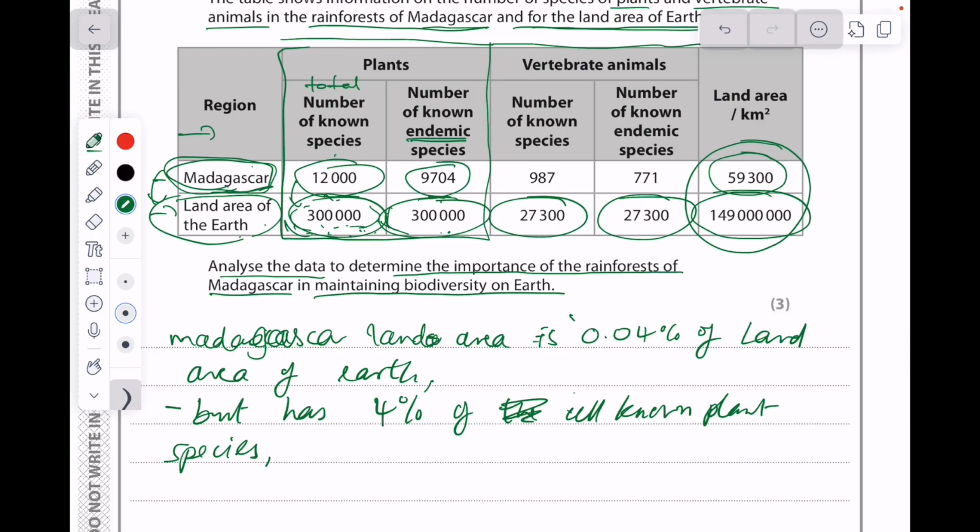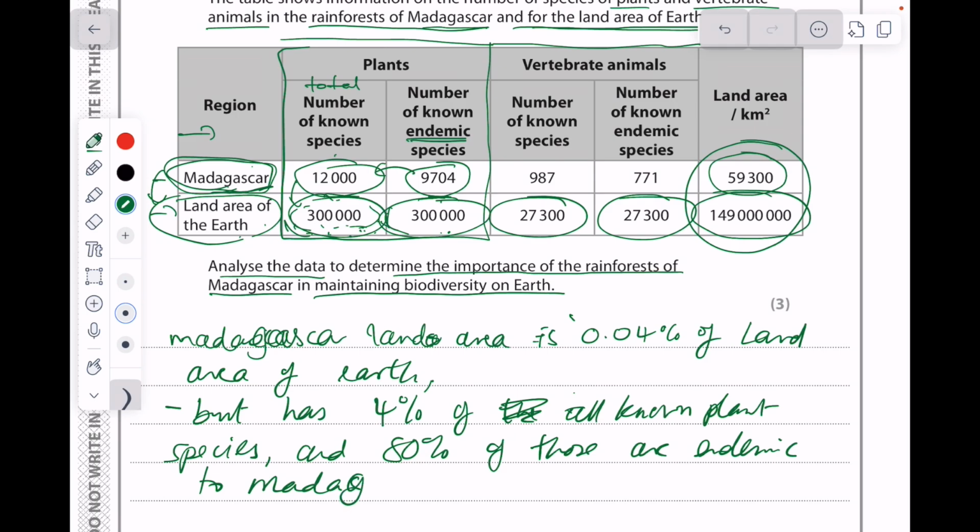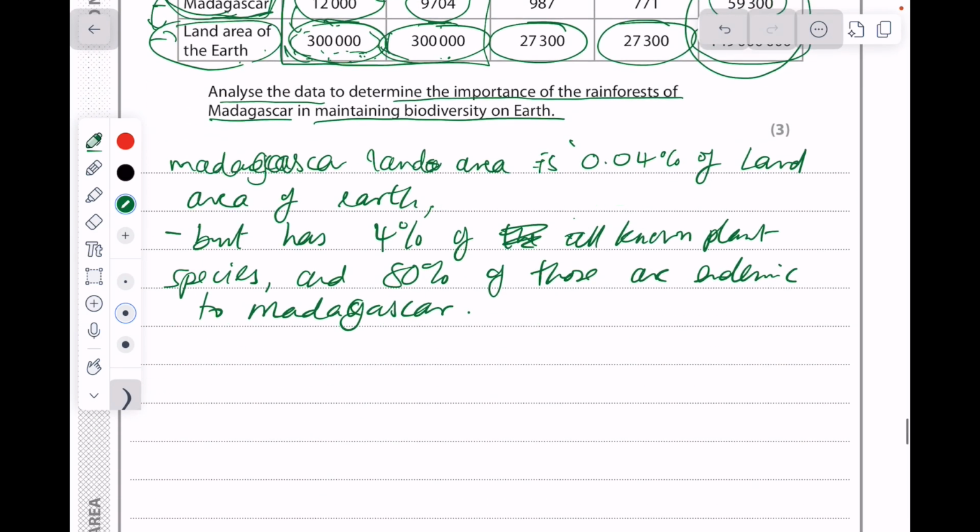So 9,704 is 80% ish of 12,000. So it has 4% of all known plant species, and 80% of those are endemic to Madagascar.